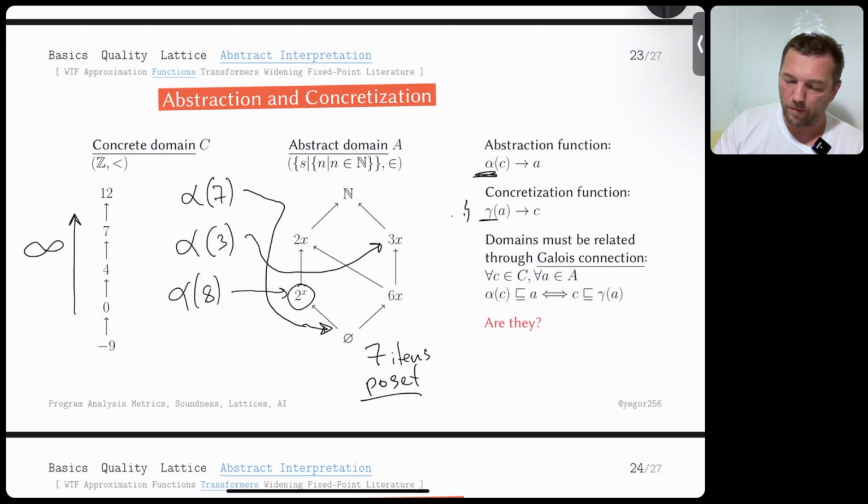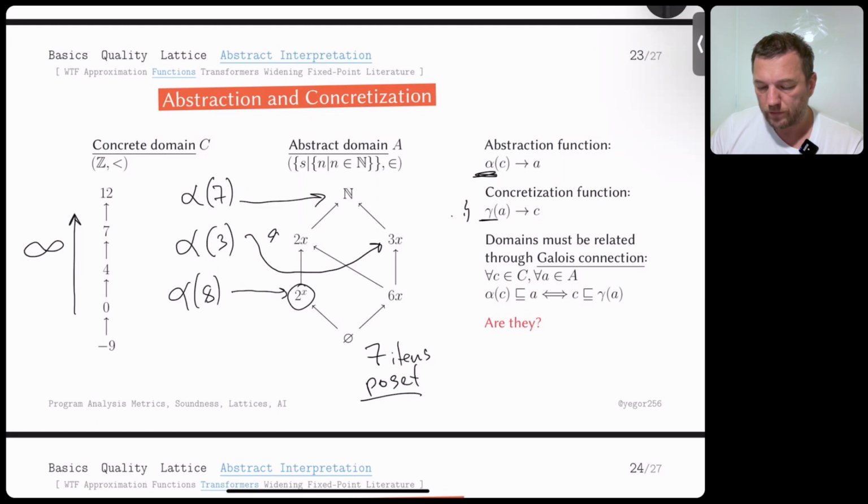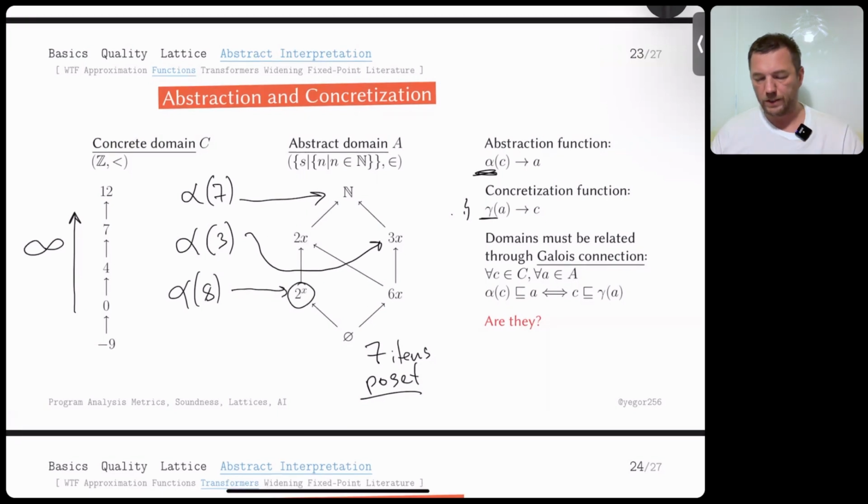Because of course all of them may go, and actually I'm wrong, I didn't do the 7 right. 7 goes in here. So the lower the better. So the lower you put it on this lattice, the more precise the analysis will be.